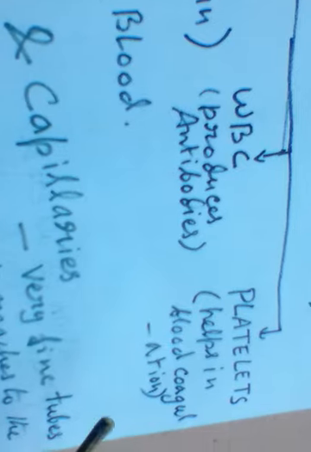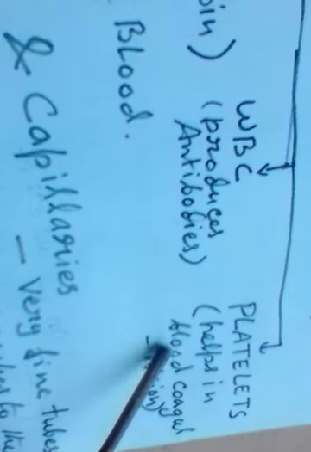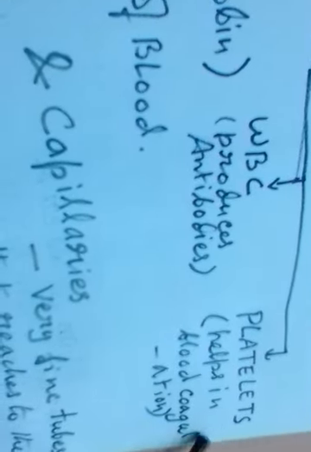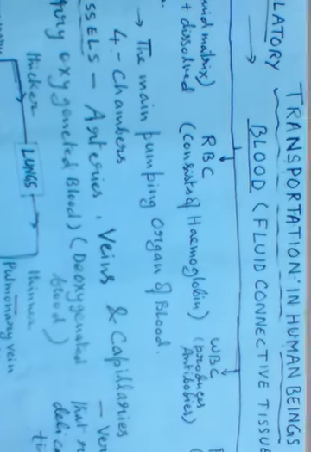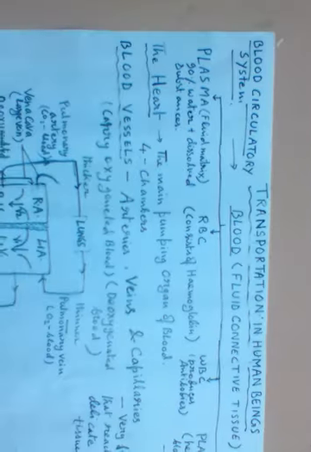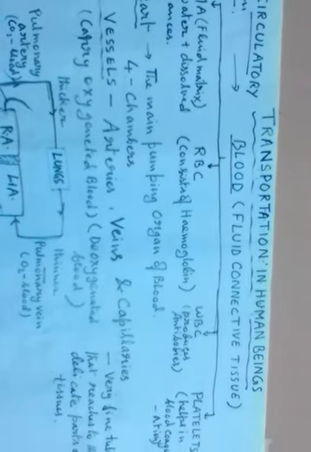Whereas the platelets are thin rod-like cells which mainly help in blood coagulation. During any cut or bleeding, they form a clot at the puncture site and prevent the blood from flowing. So it is the natural protector of our body against blood flow in any cut and injury. Now let's see the functions of the blood.